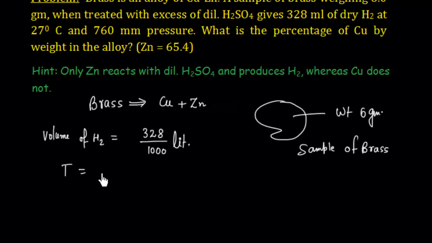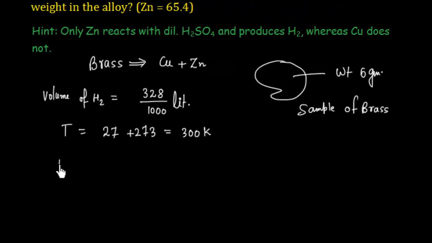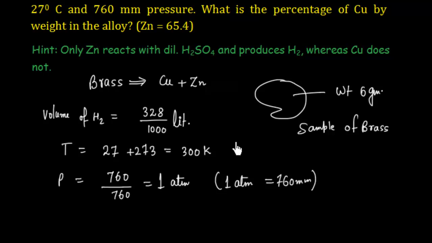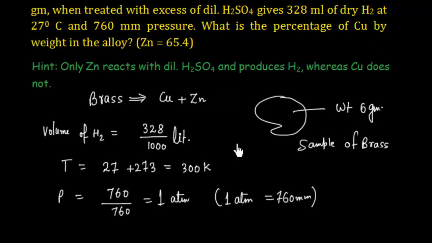So temperature is 27 plus 273, that is 300 Kelvin, and 760 mm pressure. So pressure is 760 divided by 760, that is 1 atmospheric pressure, because we know 1 atmospheric pressure is equal to 760 mm. So pressure can be converted into atmospheric pressure.